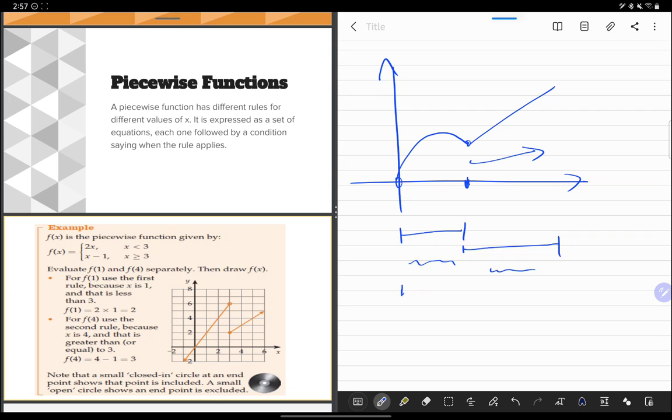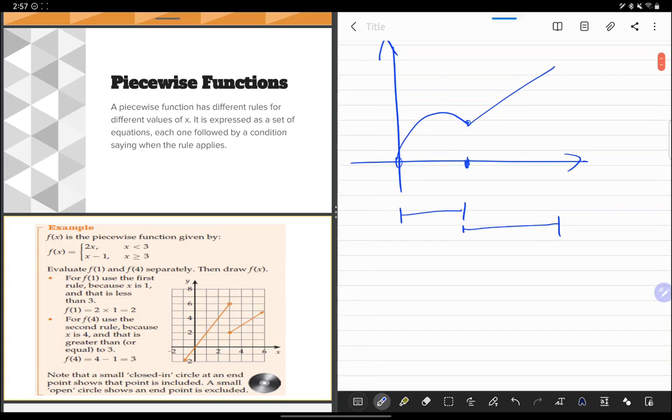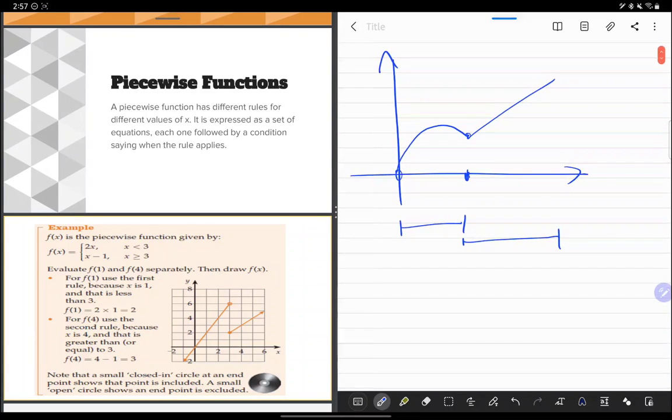But if x is larger than that, then we're dealing with this other equation. And this equation doesn't apply anymore for the area where x is larger than this point. So we are just saying we're using more than one equation, dependent on what value of x we're talking about.